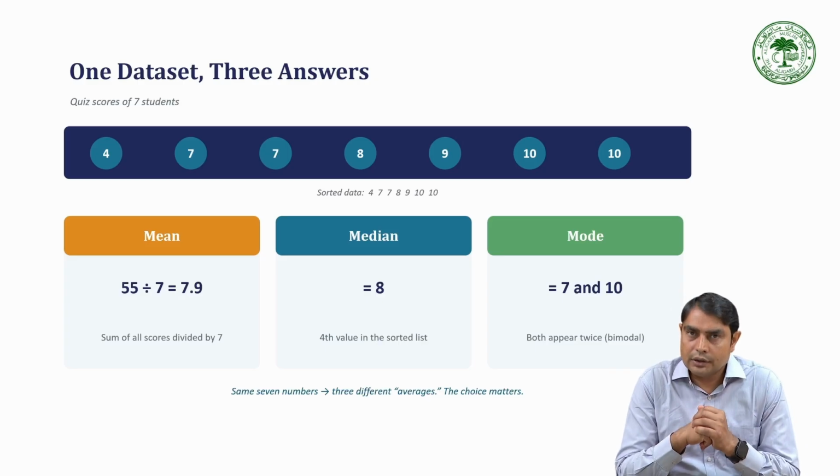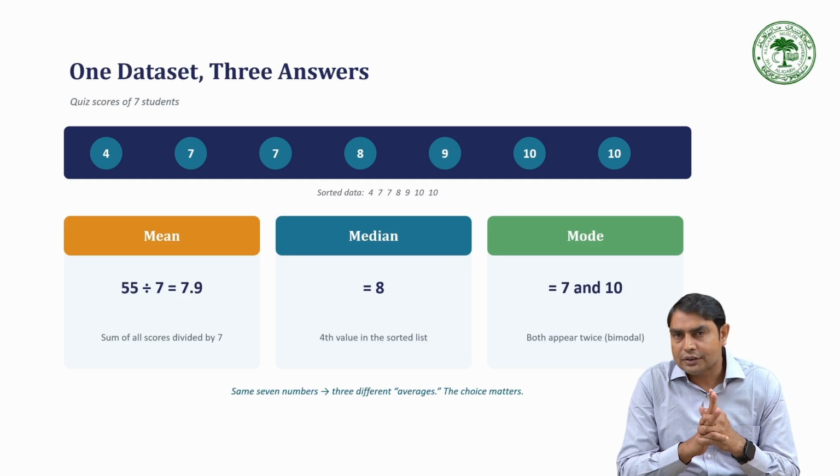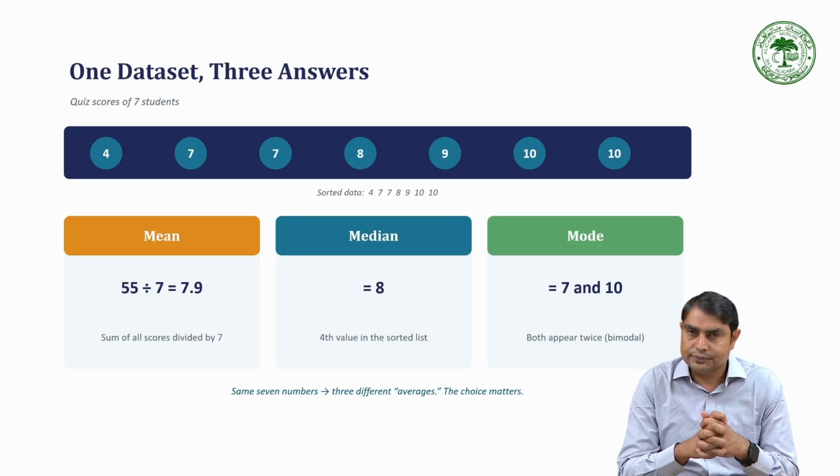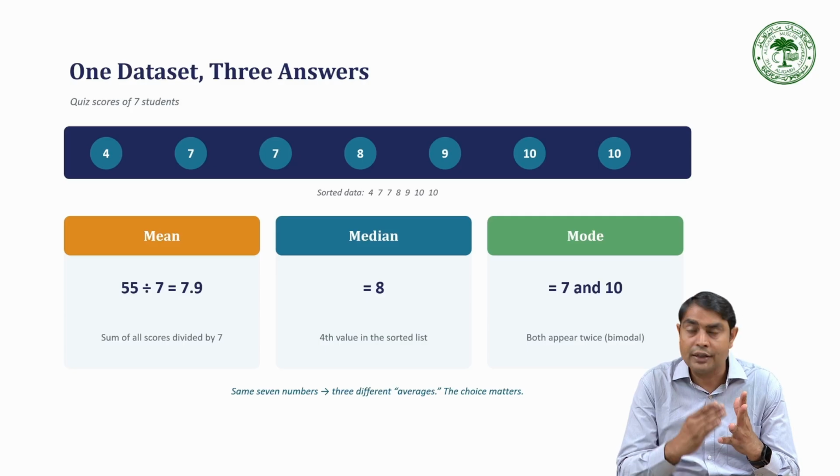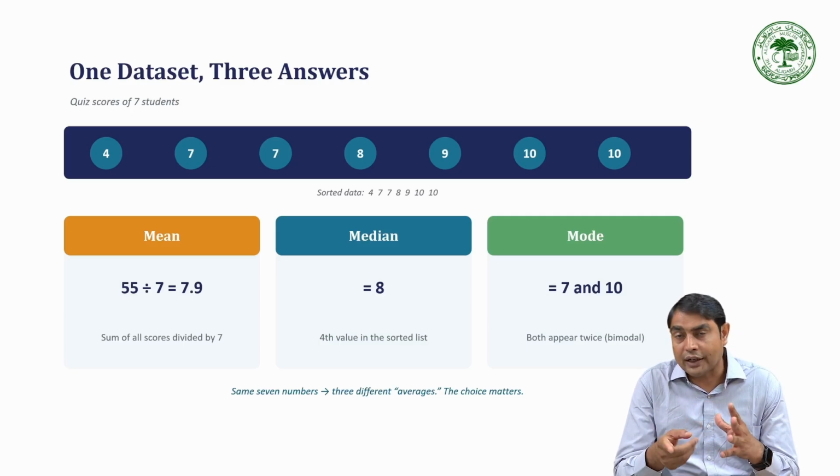Coming to the next part of this discussion: one dataset, three answers. Which means that for a single dataset, I can obtain all three measures of central tendency: mean, median, and mode. So I can get the mean also, the median also, and the mode also.